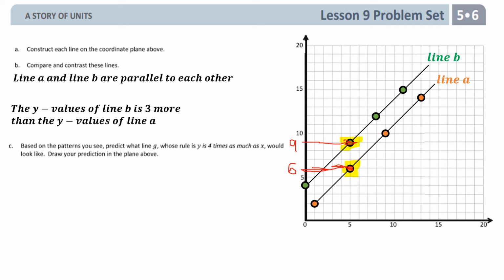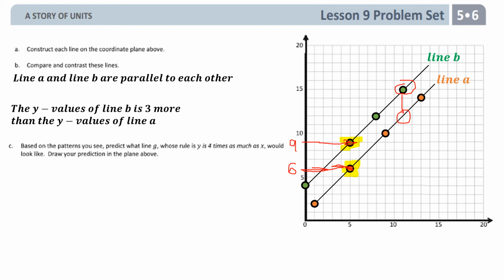Now the difference between those two y values, the 6 and the 9, is 3. That's what I mean by the y values of line B are 3 more than the y values of line A. You can compare that again. The y value of that point, and if you go all the way down, the y value of that point. They're 3 spaces apart, or 3 units apart, anywhere you go on those two lines.